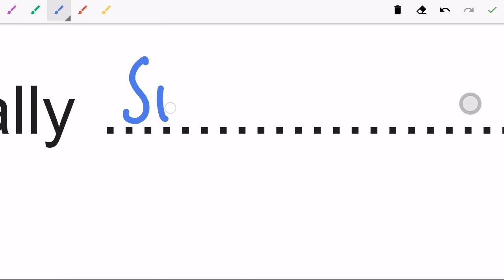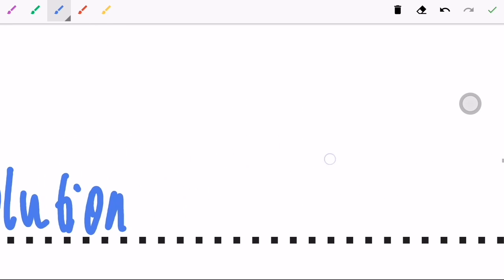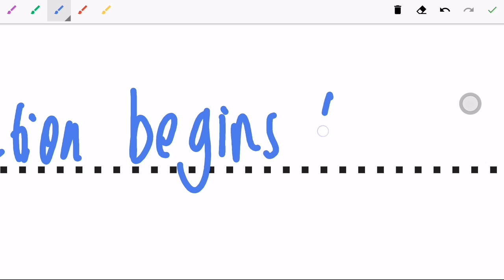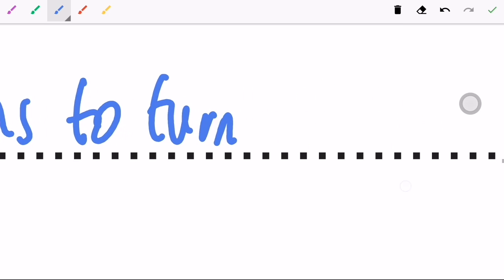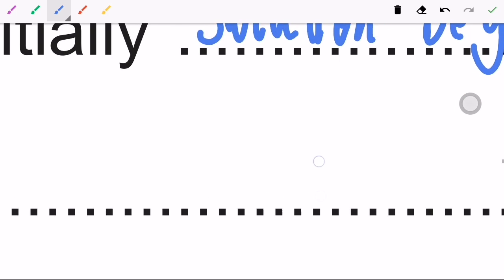Initially, the solution begins to turn yellowish. We write "-ish" colors because we can't guarantee a color.